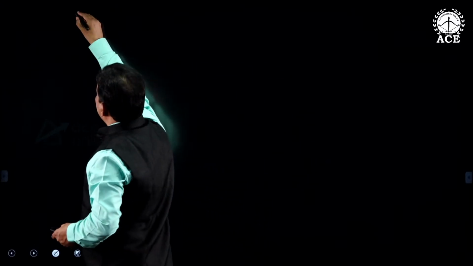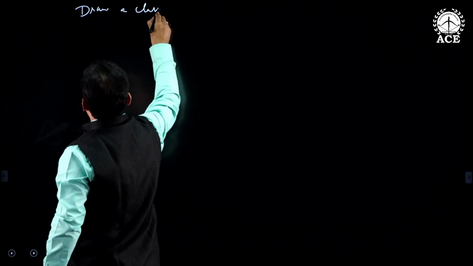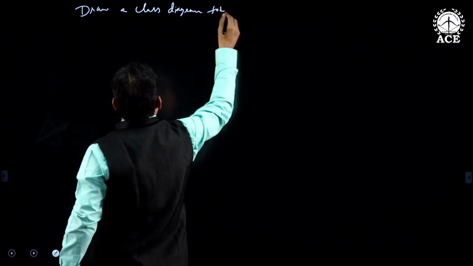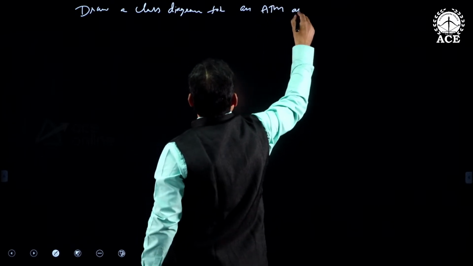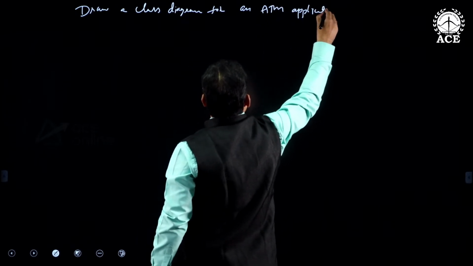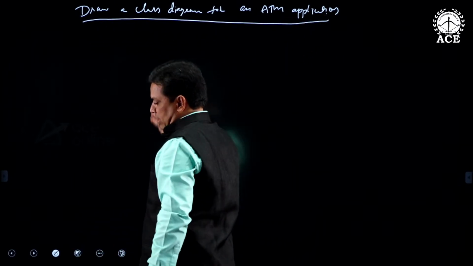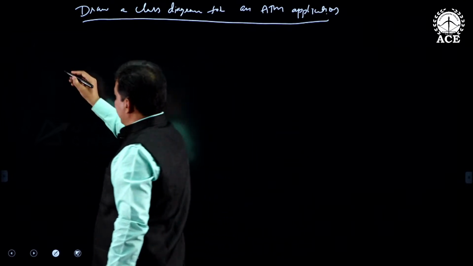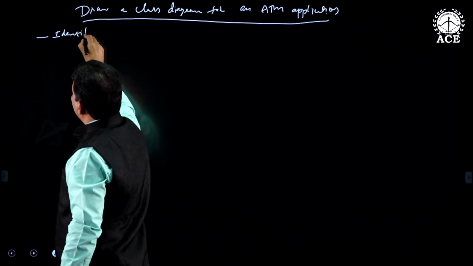Draw a class diagram for an ATM application. As a designer, before modeling a class diagram for an ATM application, what are you supposed to do here? First, you have to identify the set of classes for an ATM application.